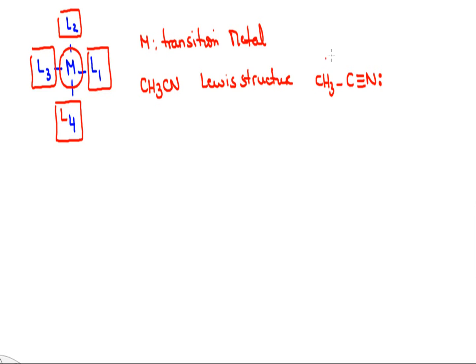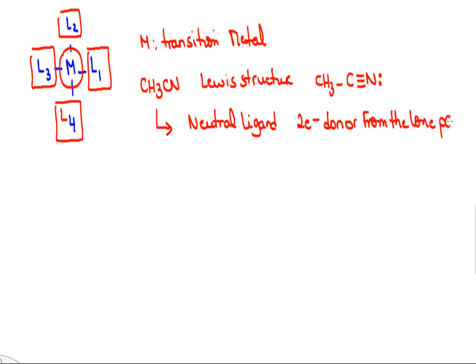So the Lewis structure is complete. We don't need to add electrons to this structure. CH3CN is a neutral ligand and a 2 electron donor from the lone pair of N. Pay attention. The charge of the ligand is different from the donation of the ligand.